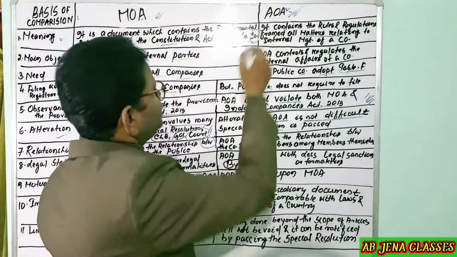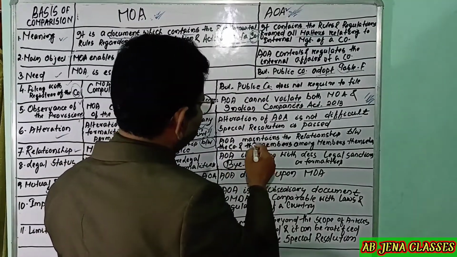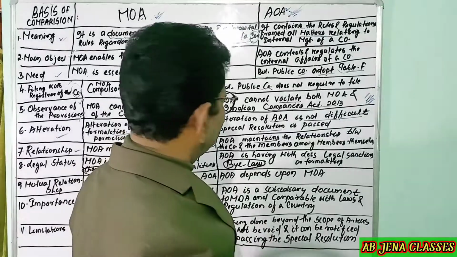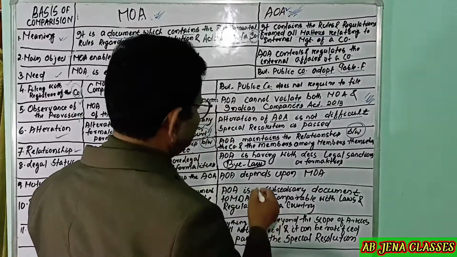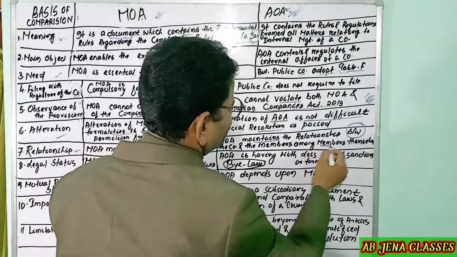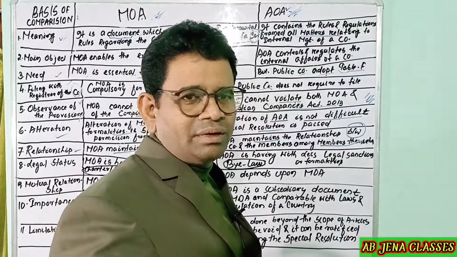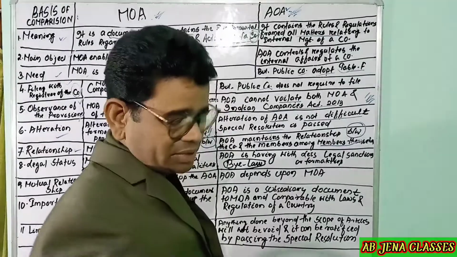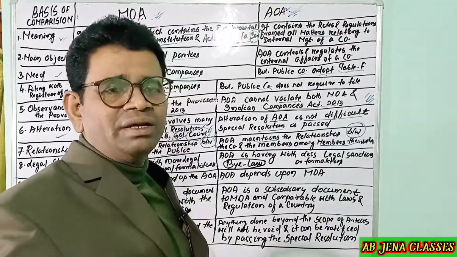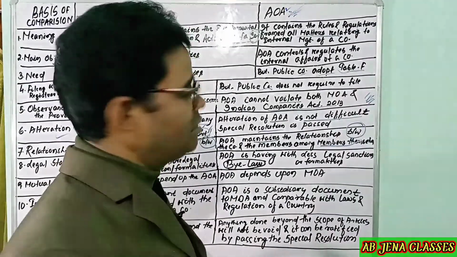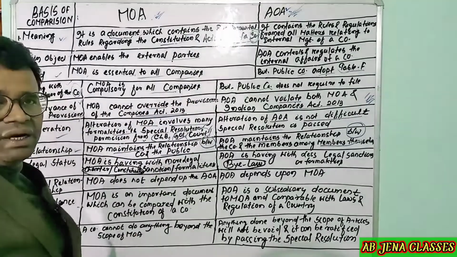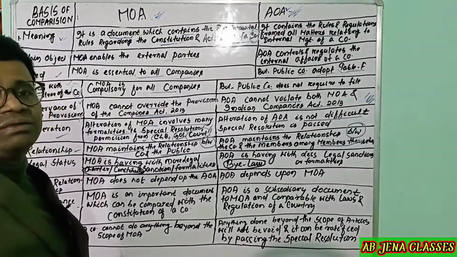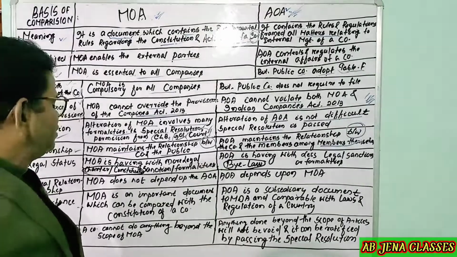Similarly, the articles of association maintain the relationship between the company and the members, and among members themselves. So the articles of association are meant for internal affairs, and the Memorandum of Association relates to external purposes.